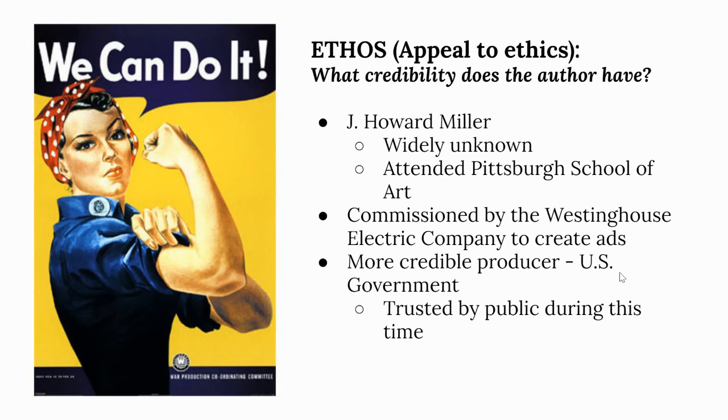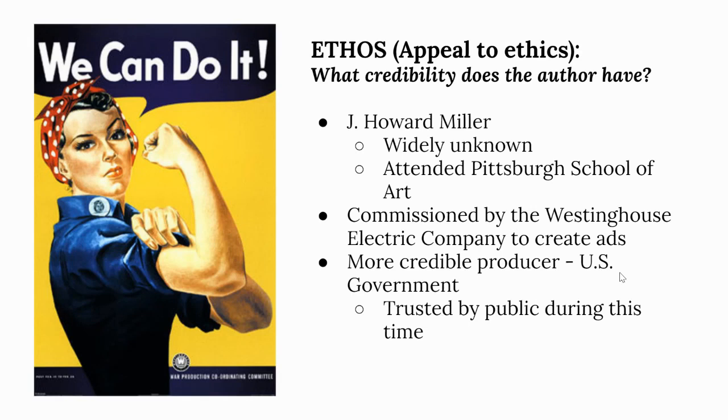And so while J. Howard Miller was widely unknown, this poster was commissioned or more like supported by the US government. If you look in the bottom left corner, it says War Production Coordinating Committee. So again, part of the government, and during this time, the government was a very trustworthy source.